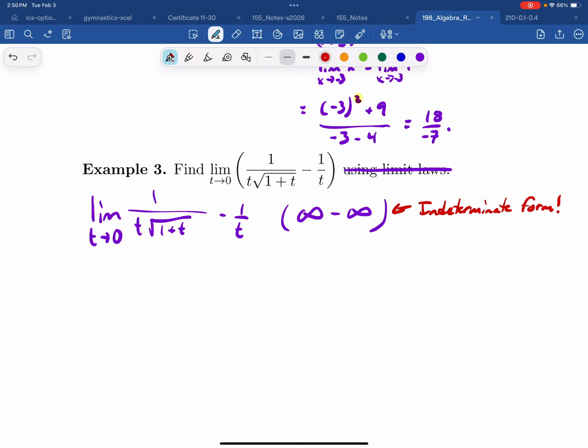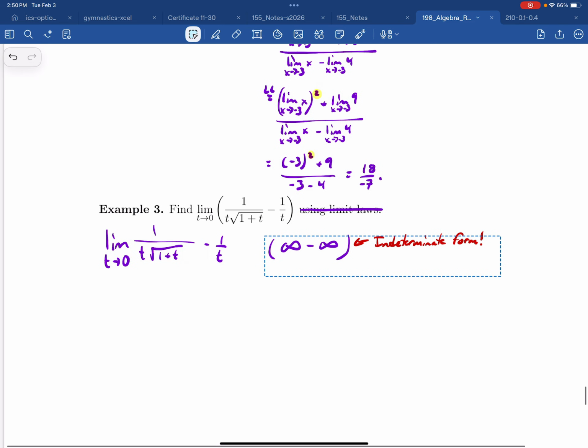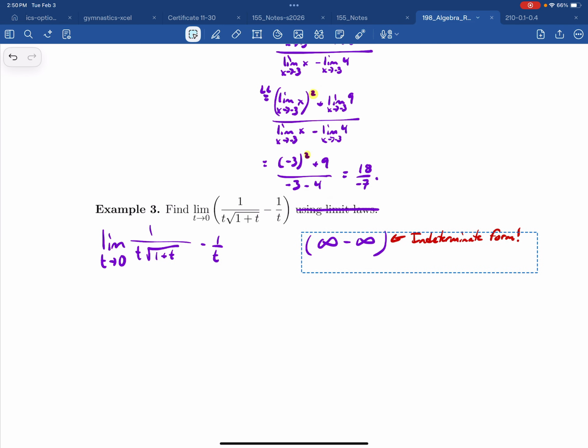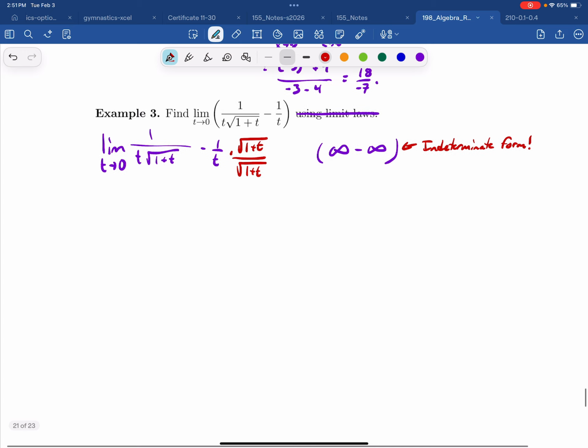Okay. So instead what we do is we have to simplify it in some way. Let me zoom out for a bit. And what we're going to do is, well, what do we do when we add or subtract fractions? We need a common denominator. And in this case, it's not lovely, but all we need to do is multiply by one term, square root of 1 plus t over the square root of 1 plus t.